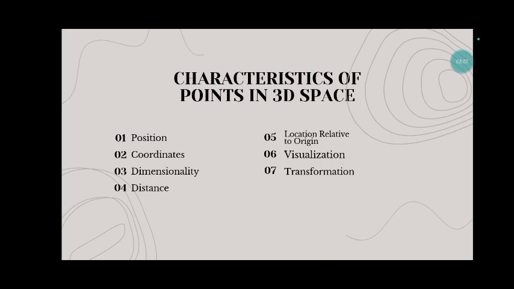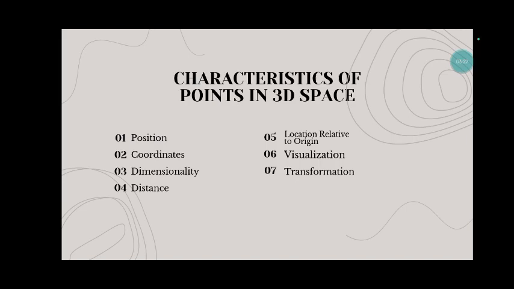Last one, which is transformation. Points can undergo transformations such as translation, rotation, scaling, and shearing, which modify their positions and orientations within the coordinate system.